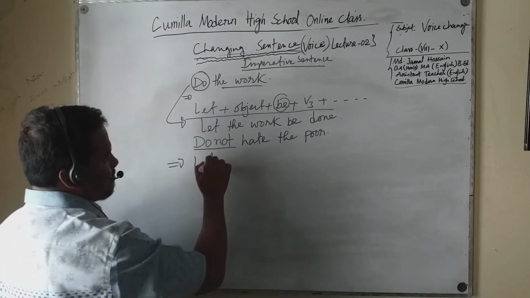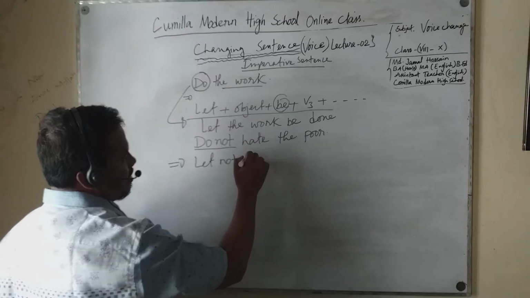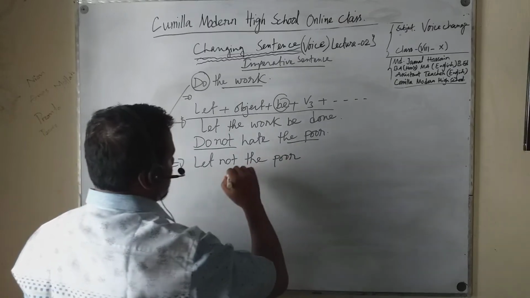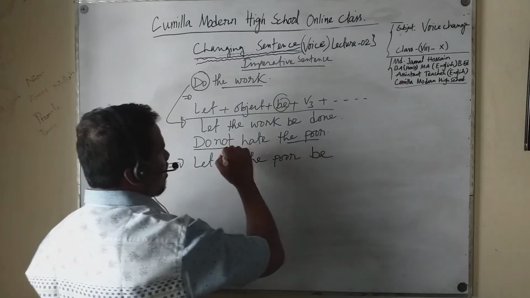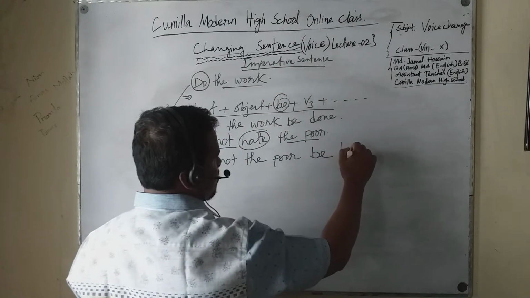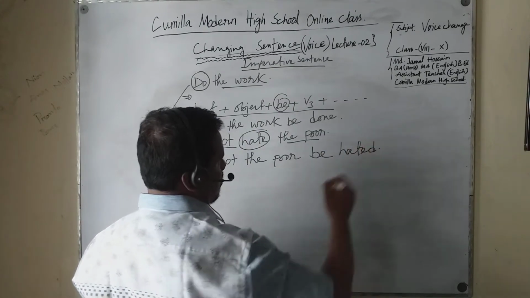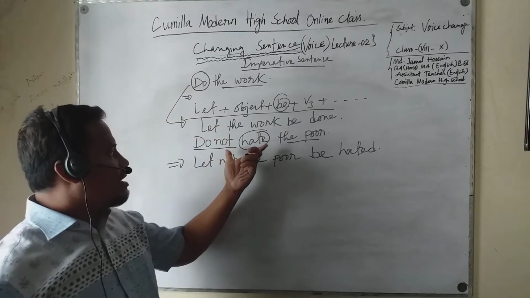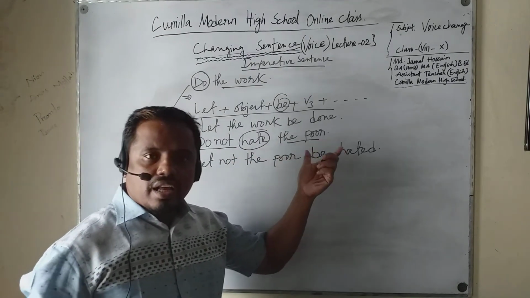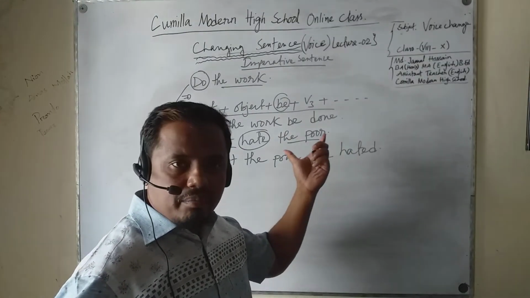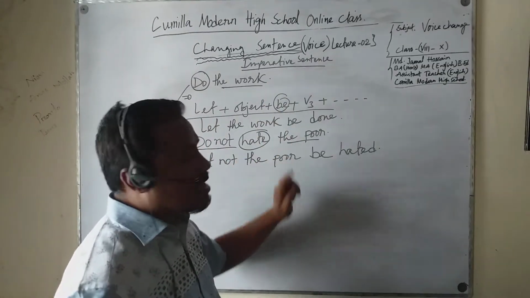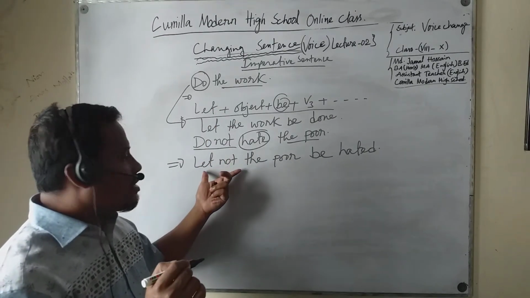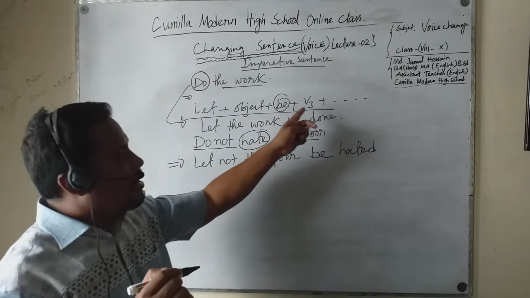Let not the poor, object here, be, hate is the main verb here, hated. This is the voice change of the imperative sentence. If the sentence is affirmative, we have to start with let. If the sentence is negative, we have to start with let not. The other rules will be the same.